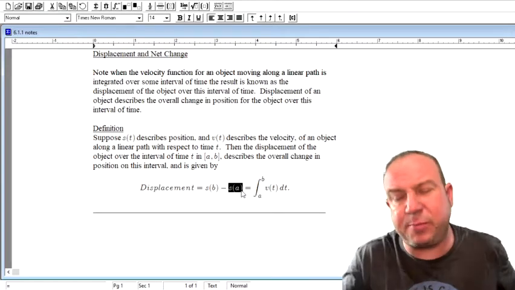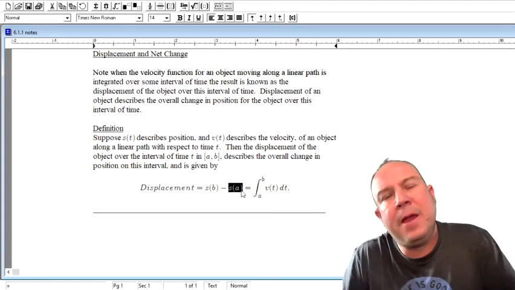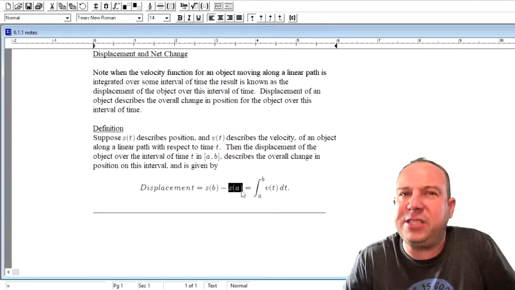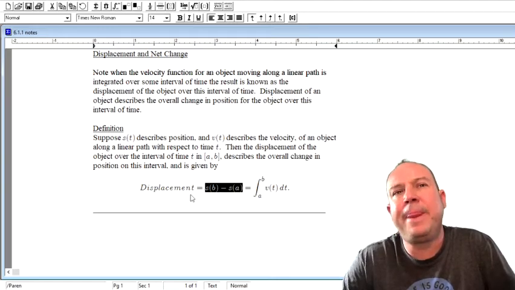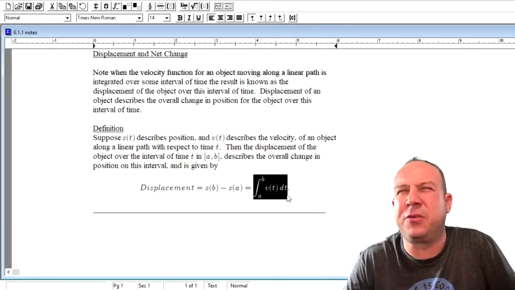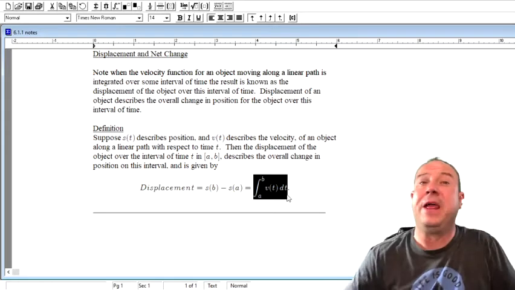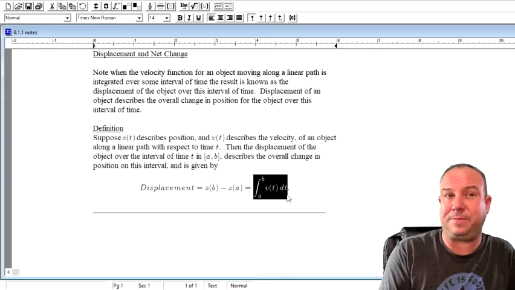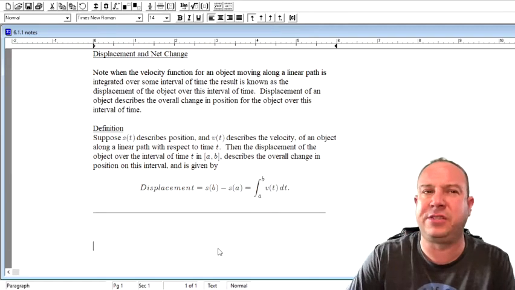But we don't always have descriptions of position in our calculation of displacement. What we take note of in this definition is that displacement not only can be calculated using descriptions of position, but also with the rate of change in position, or velocity, over this interval of time from A to B. So when we integrate a velocity function from A to B, we are calculating what is known as displacement.